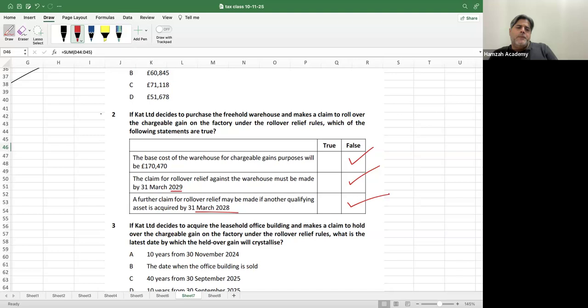For this point, the gain is going to crystallize normally on the earliest of when the asset is being replaced, or the asset replacement is disposed of as well, or the date the asset replacement ceases to be used for the trade purposes, or 10 years from the date of the replacement asset's acquisition, basically, right?